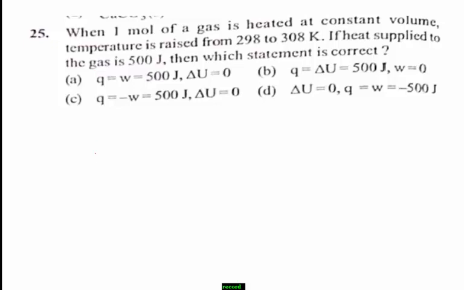If you want to know more about this question, you know delta H equal to delta E plus P delta V. When delta V equal to 0, then work done W is also 0.